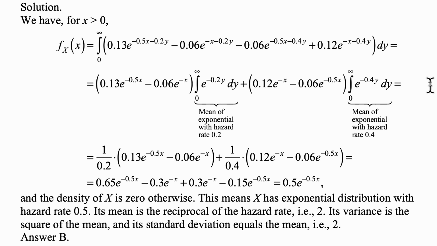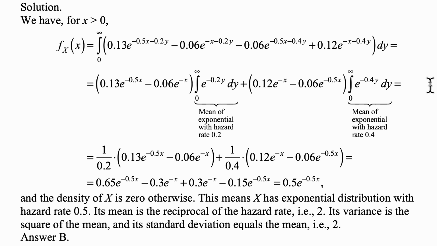So what we get is 1 over 0.2 times 0.13 e to the minus 0.5x minus 0.06 e to the minus x plus 1 over 0.4 times 0.12 e to the minus x minus 0.06 e to the minus 0.5x.